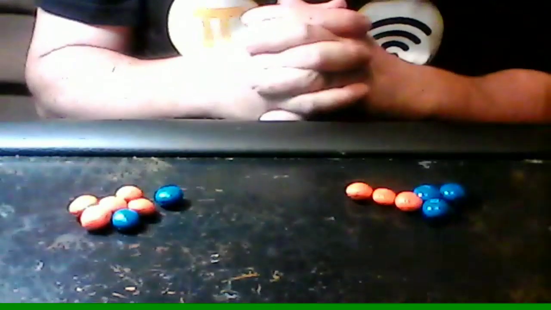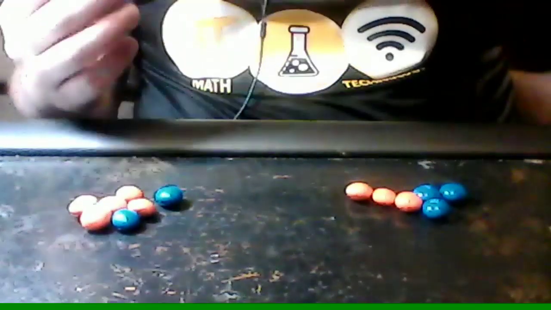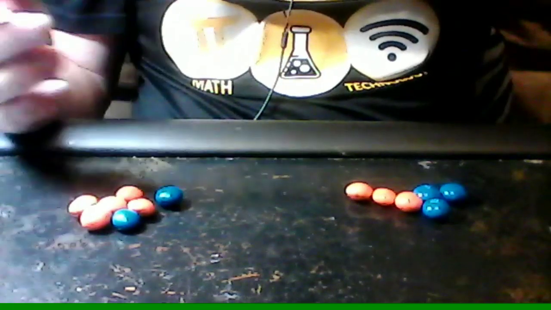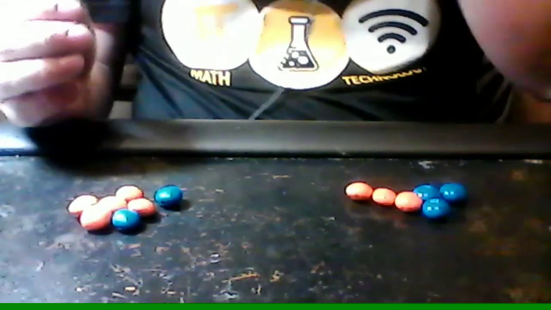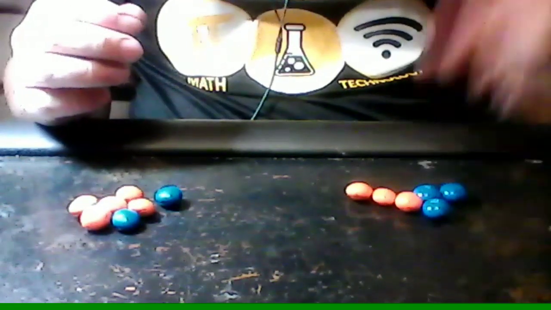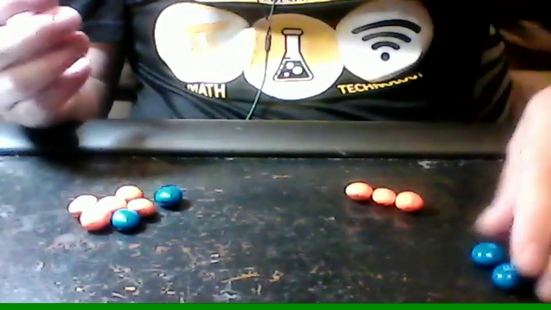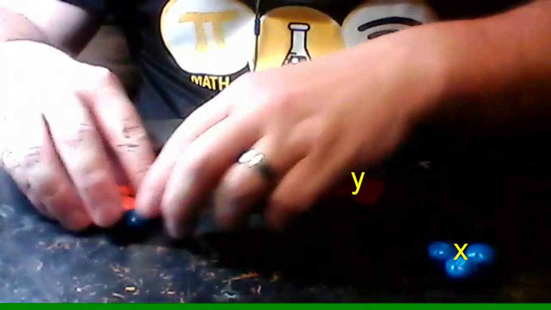And being the obsessive compulsive person that I am, I like to eat the colors together. Because everybody knows the blue M&Ms and the orange M&Ms and the red M&Ms, they all taste different. So let's say that my blue M&Ms are X and my orange M&Ms are Y.